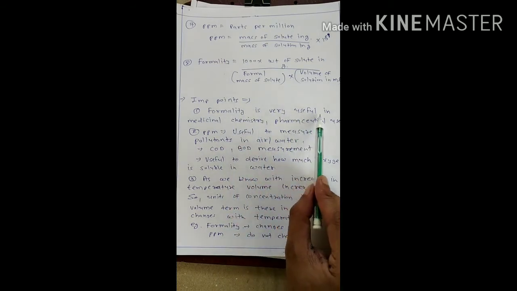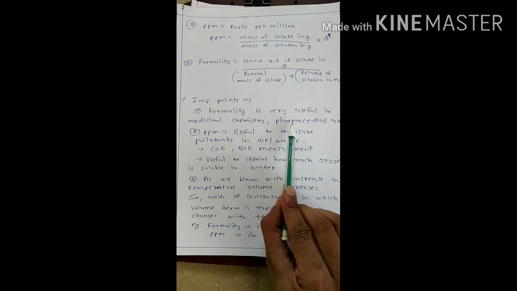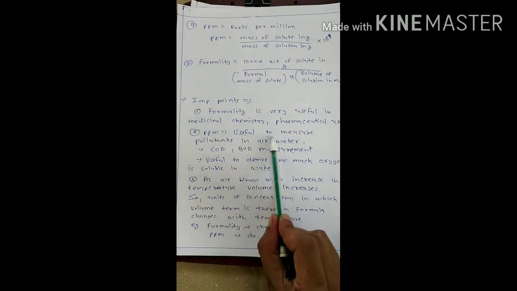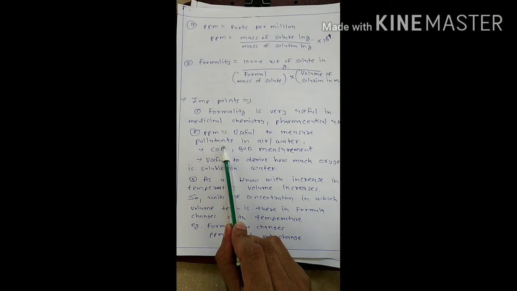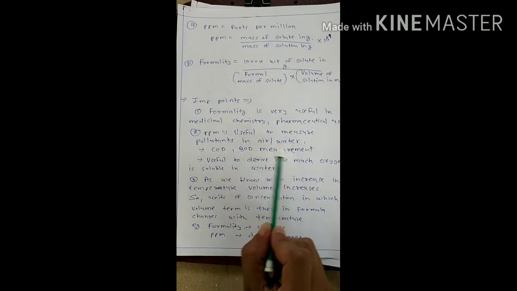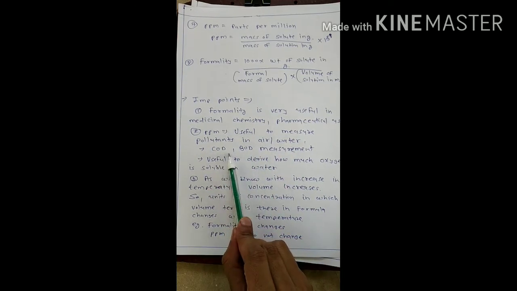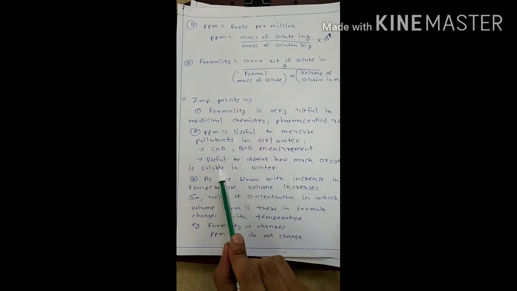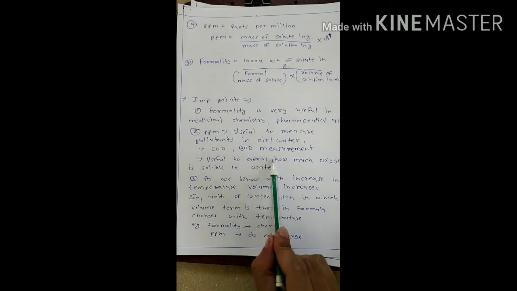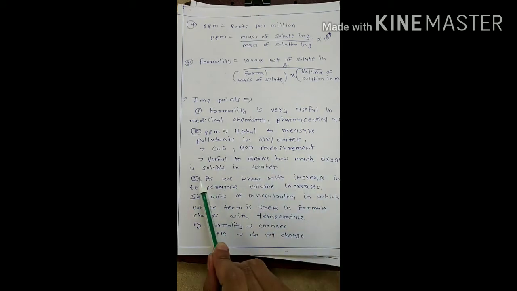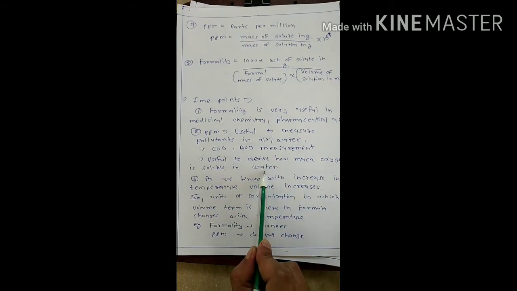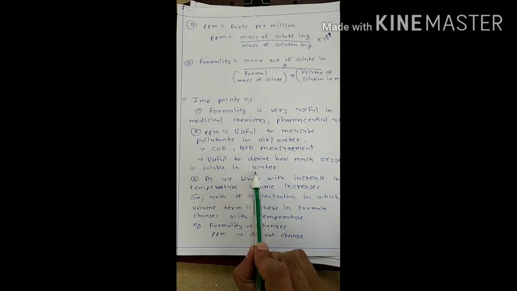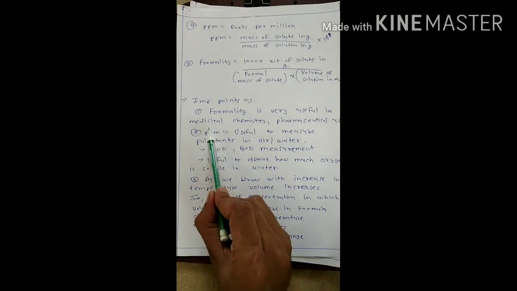Next point, ppm, that is useful to measure pollutants in air and water, like in COD and BOD measurement, and useful to derive how much oxygen is soluble in water, especially in seawater. That measurement is done in ppm unit.